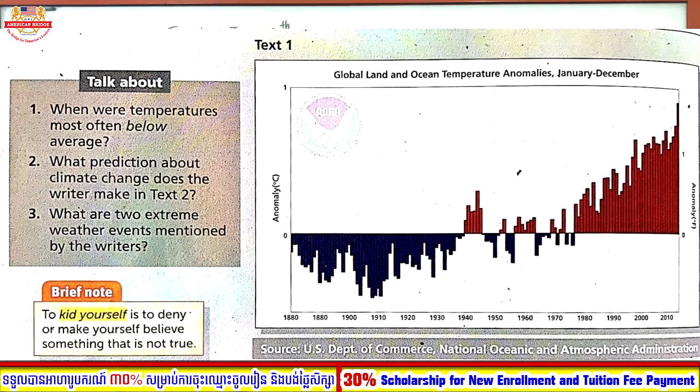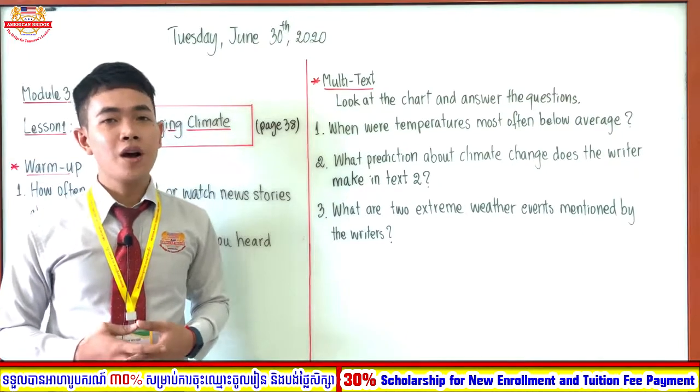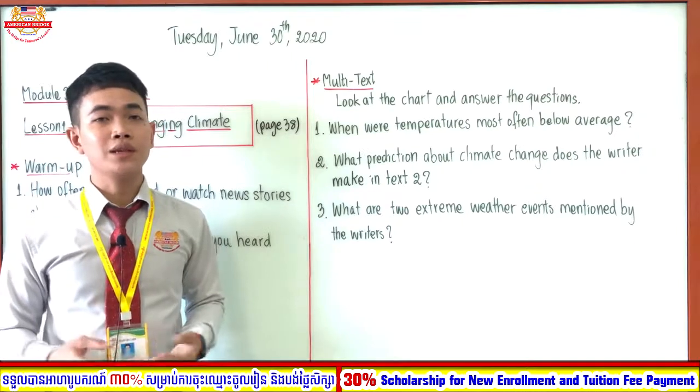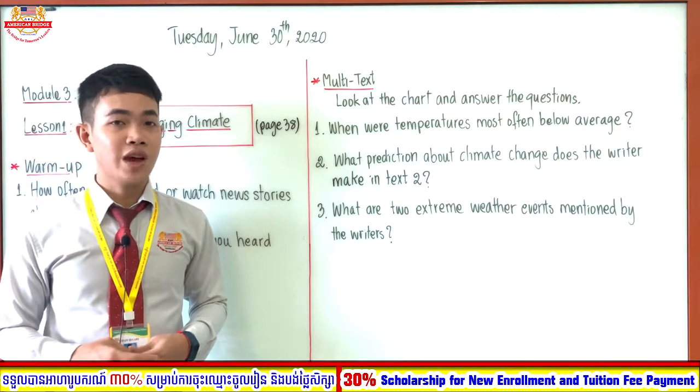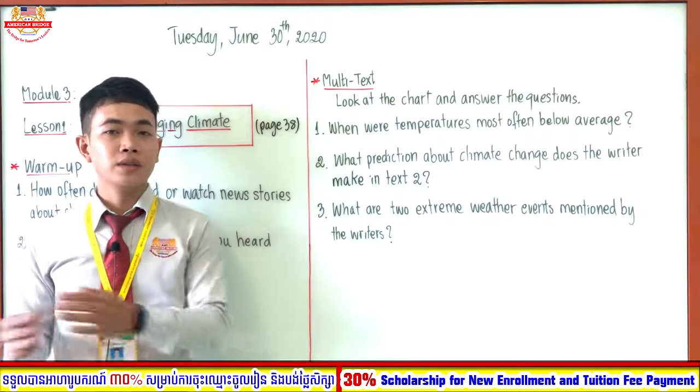But the average in 2010 is also lower as well. Here is the source: the U.S. Department of Commerce, National Oceanic and Atmospheric Administration. Finished, everyone? So we have talked about our chart, which has statistics researched in 2010, starting from 1880.